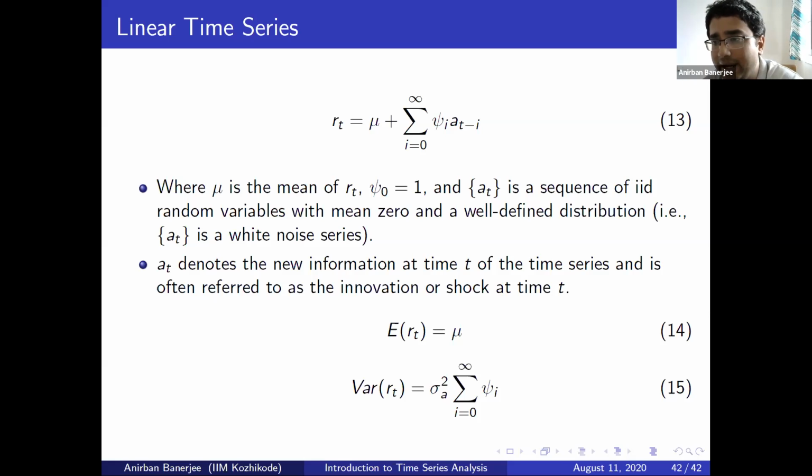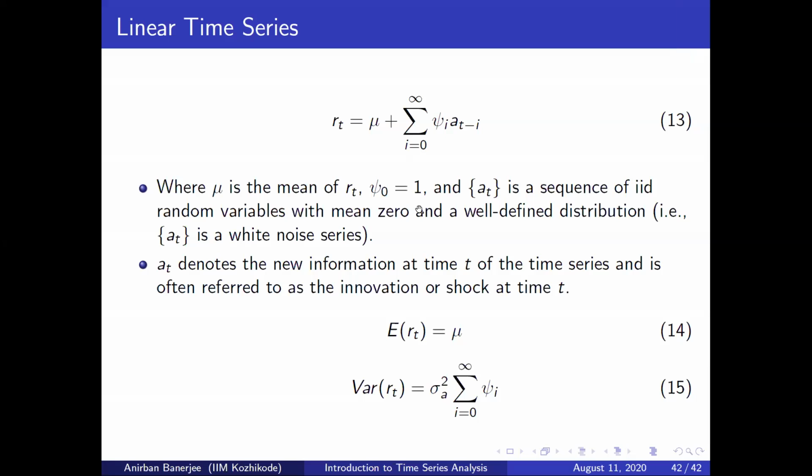The ATs are white noise series, and this is the coefficient you have for each of these series. In most of our cases, we won't be having a model like this. This is just something you should know. We are not going to model it this way, we are going to model it some other way. But psi i is just the coefficient. You run a regression model, you get the coefficients beta. So these are similar to the beta.